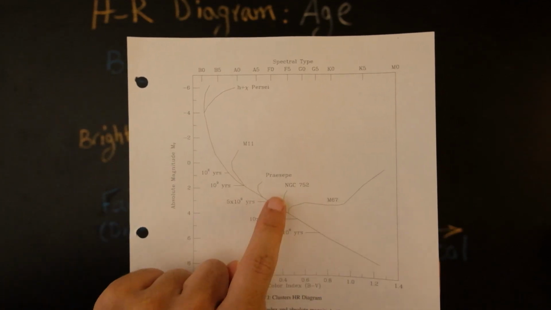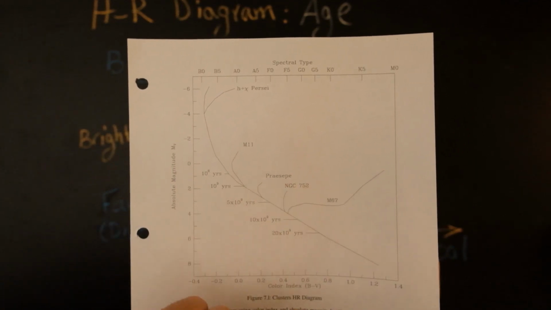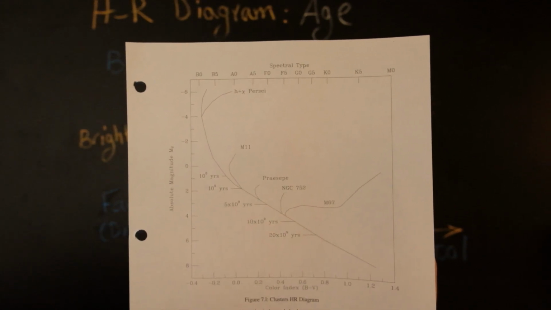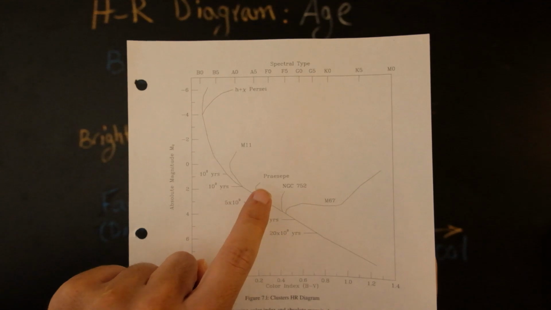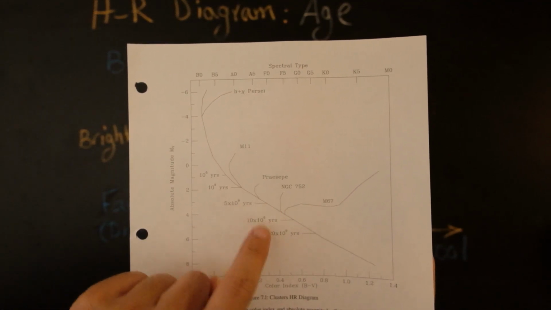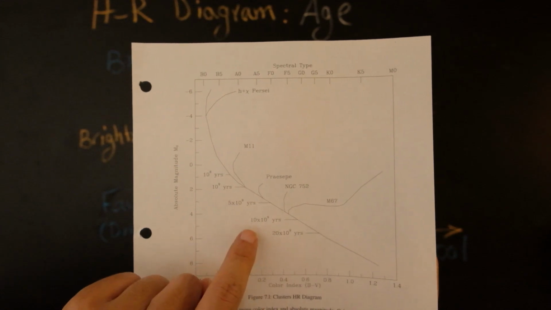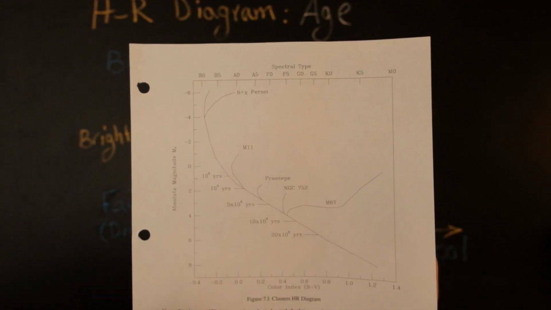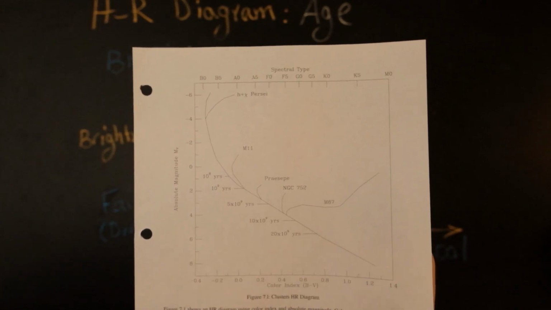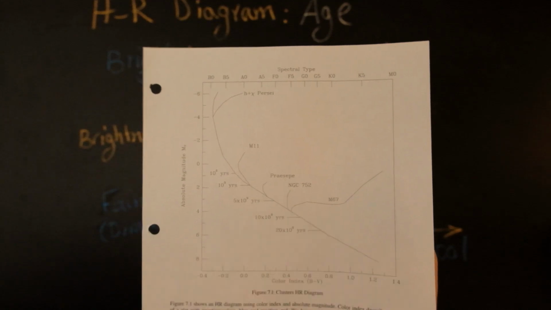Moving down, we have NGC 752. It's much shorter, so it should be older. This is around 10 times 10 to the 9 years old. This is 10 billion years old. And moving down, we have M67, and M67 is the shortest one in this case.